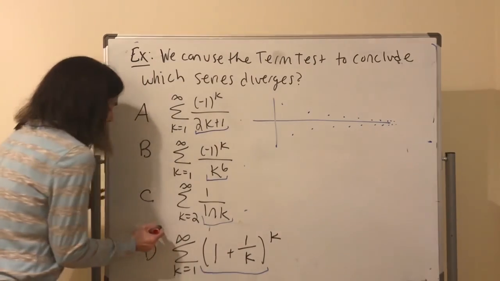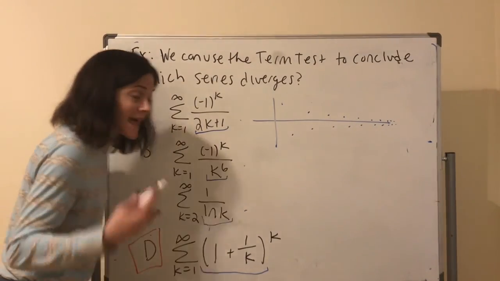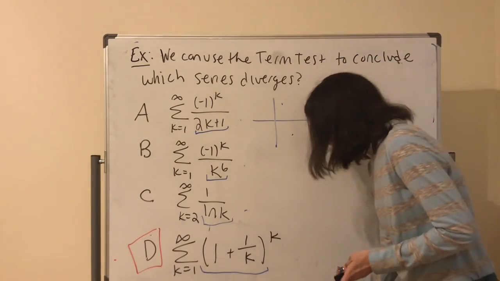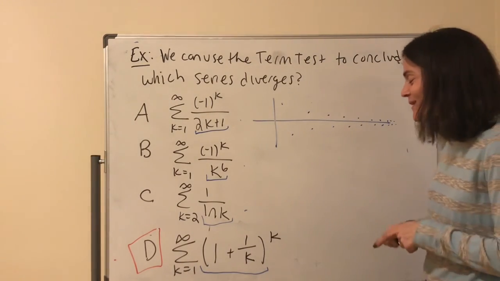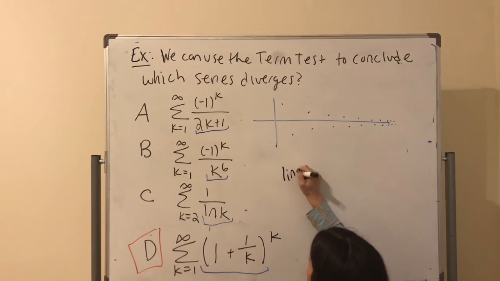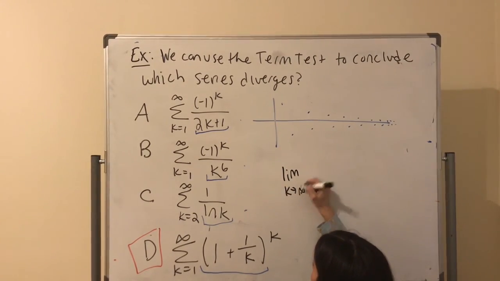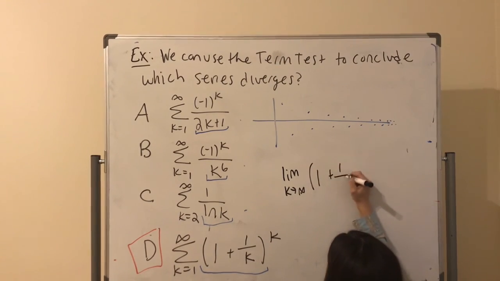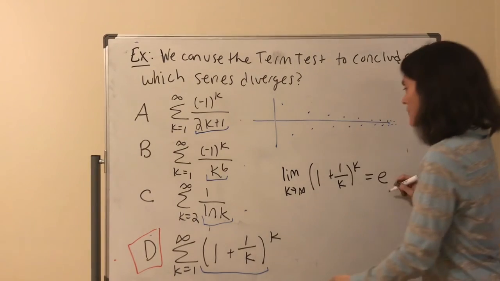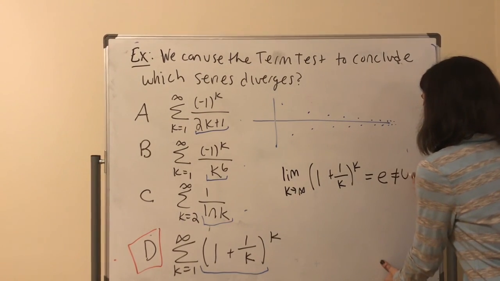This is this weirdo we discussed in the last video. And by weirdo, I mean quite fun. As well as weirdos are, right? Especially in math. If we take a limit as k goes to infinity of this, this was e, right, which is not equal to 0.